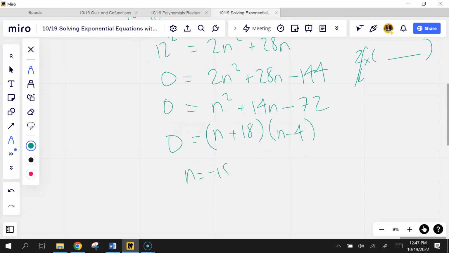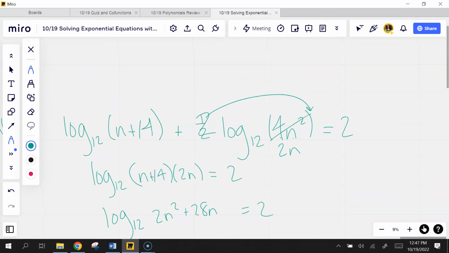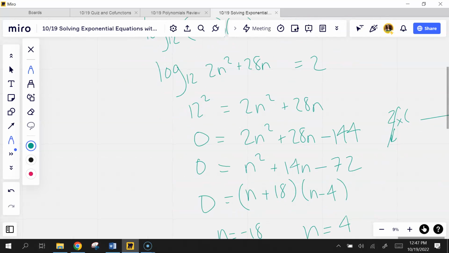So negative 18, I'm guessing that negative 18 is the extraneous solution. Well, if I plug in negative 18 here, negative 18 plus 14 is a negative. So yeah, that's extraneous.